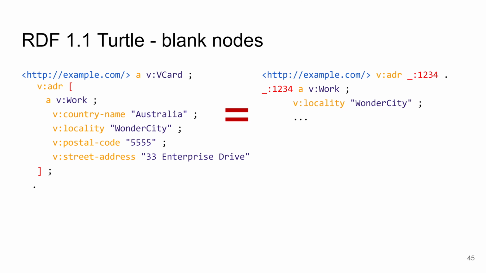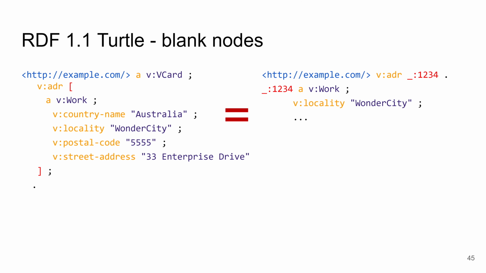Now there is also a shortcut in Turtle for blank nodes. So you have already seen blank nodes, which are nodes without an IRI, but still with an identifier, which is generated locally for a given document. And you can use that, that's fine, but this can be also shortened. On the left, we have a representation of a V card, which is a card you give to someone when you want to give them your contacts.